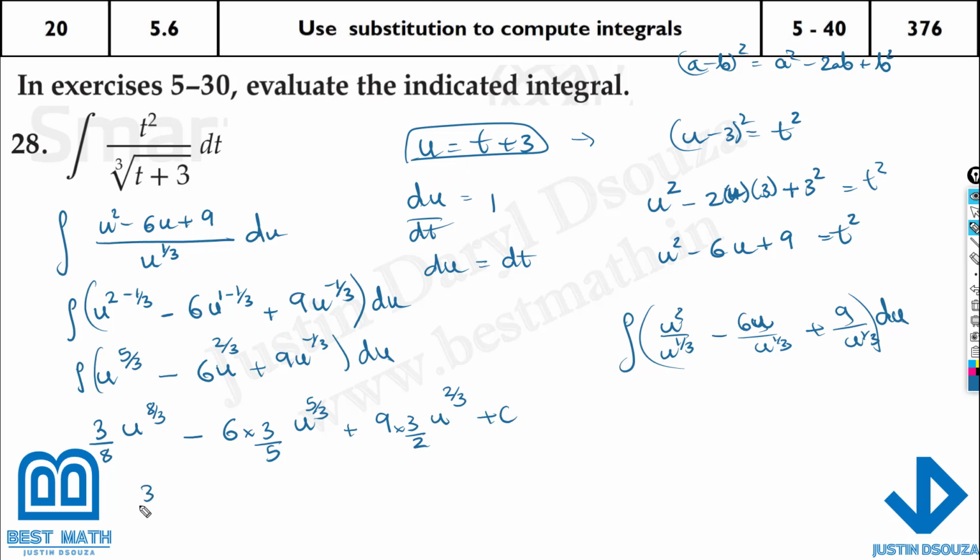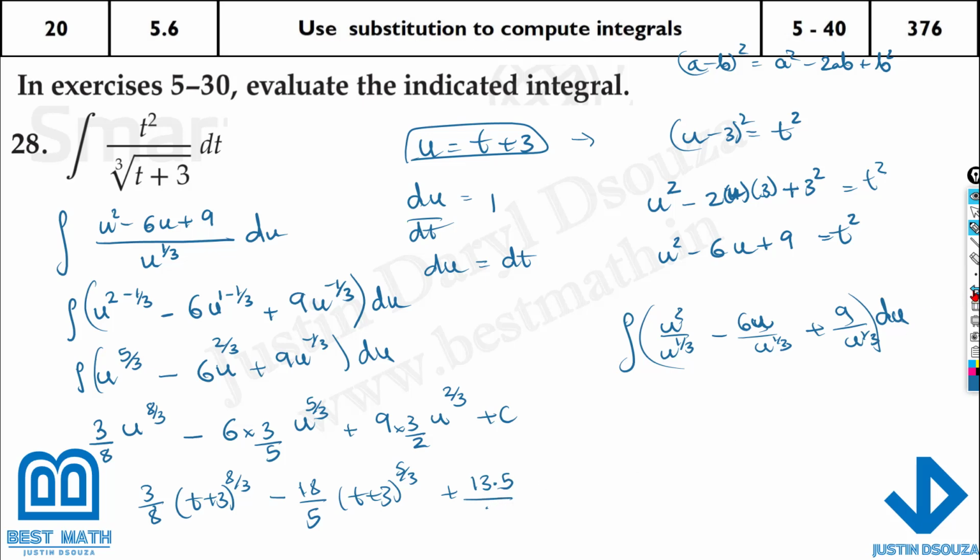So u is 3 by 8 times t plus 3 raised to 8 by 3, minus 18 by 5 times t plus 3 raised to 5 by 3, plus 9 times 3 would be 27, and half of that would be 13.5 for now.